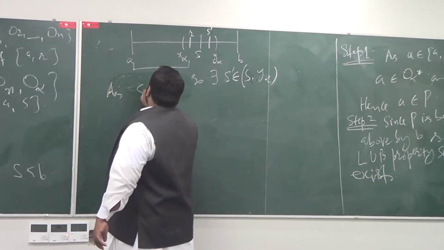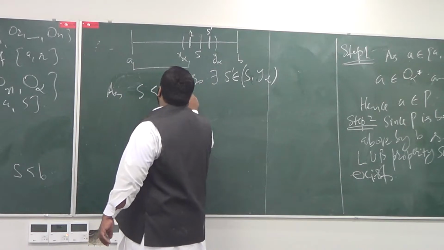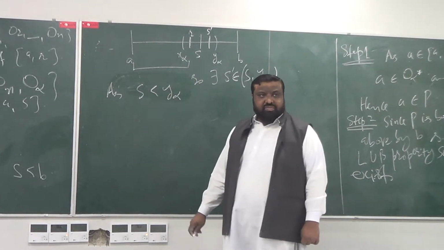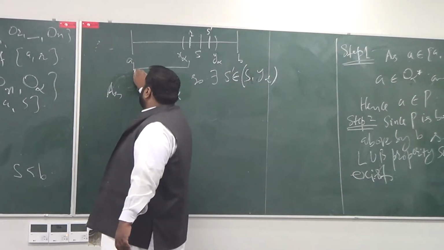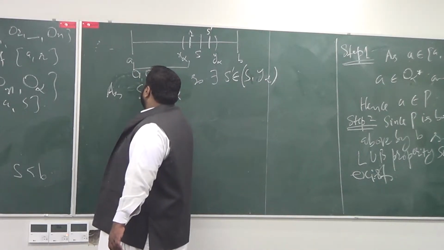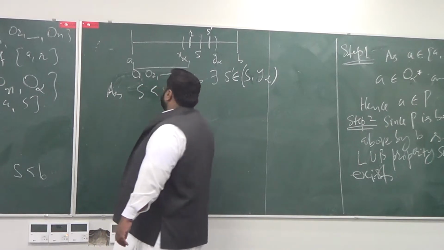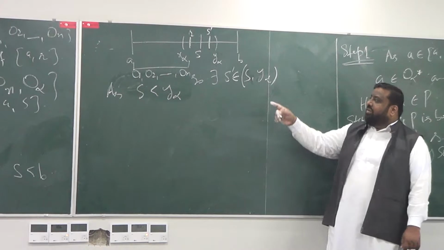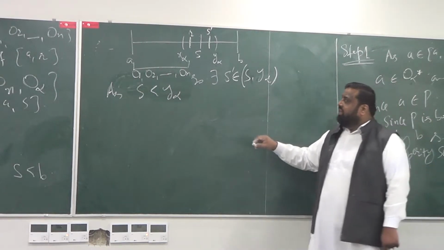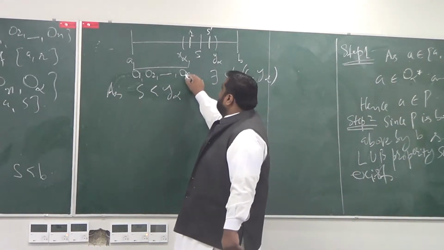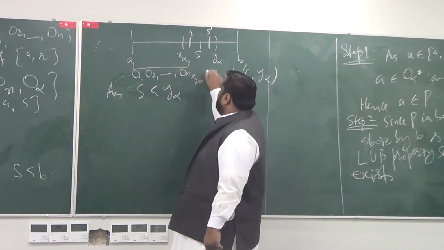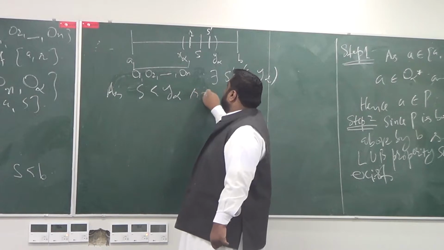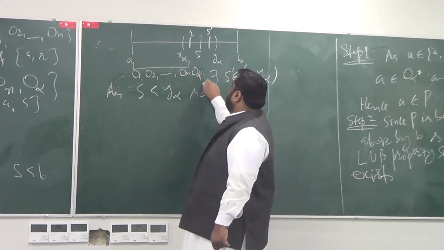So S is less than Y alpha. So what would be that finite subcover? O1, O2, On. And I'm saying this O1 to On, add this O alpha. Okay? This O alpha.